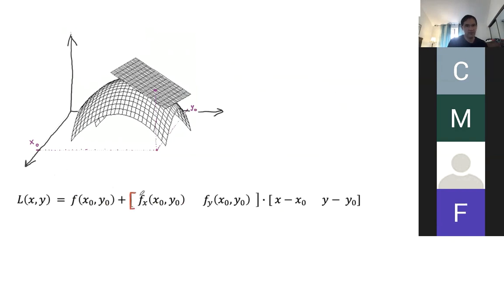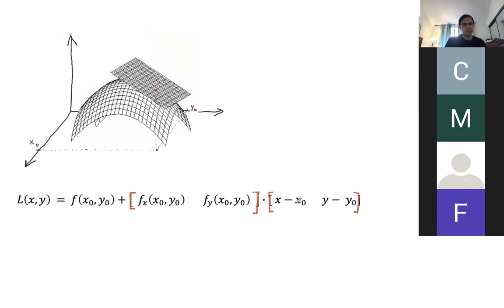This is the vector of partial derivatives. This is the partial derivative with respect to x at this point x0, y0. The other component of this vector is the partial derivative of this function f with respect to y at this point x0, y0. And this is the dot product with the other vector, x minus x0, y minus y0.